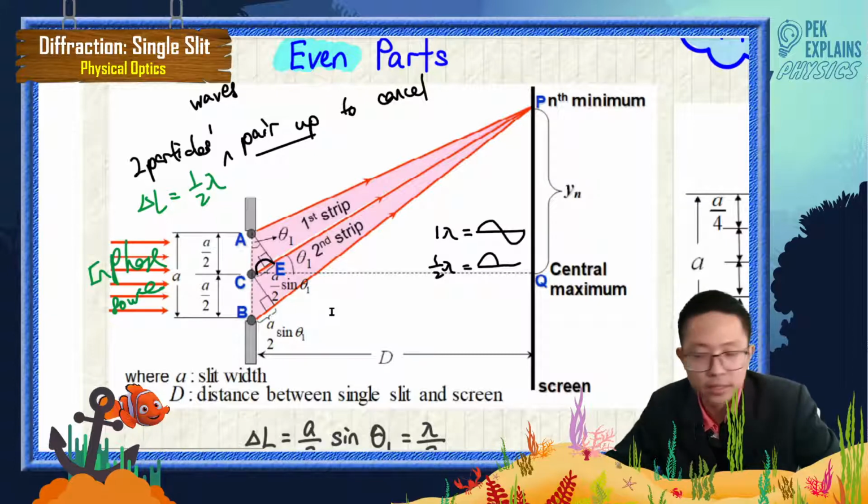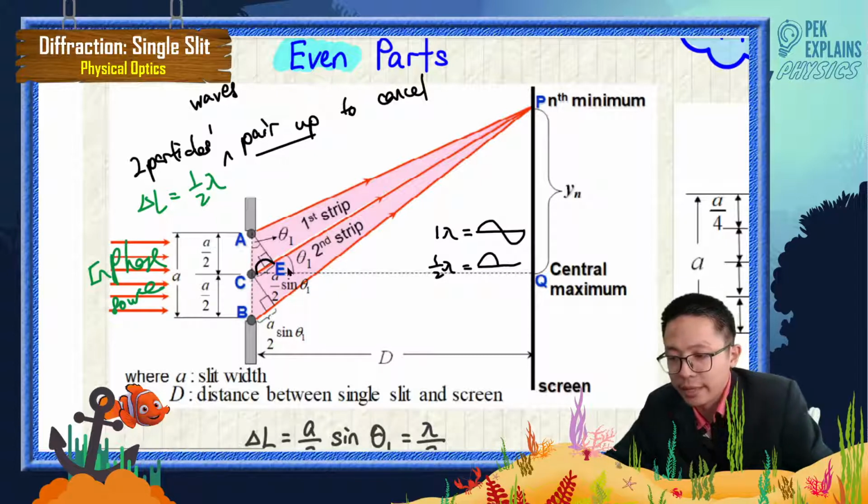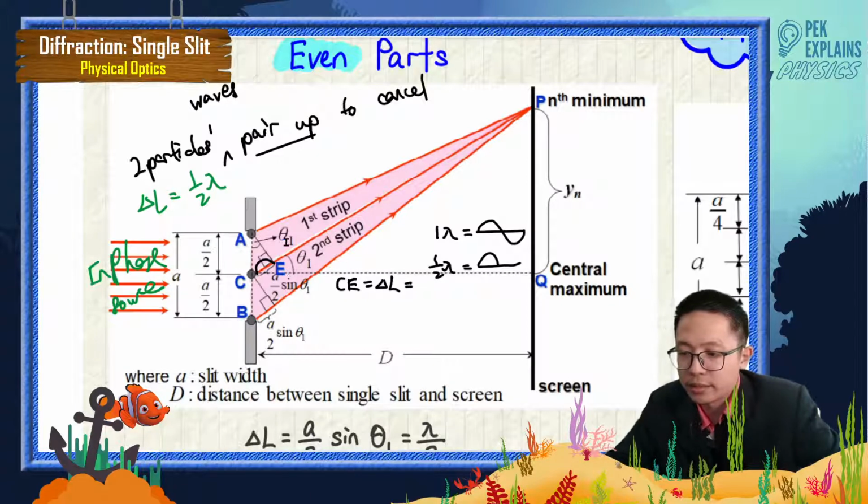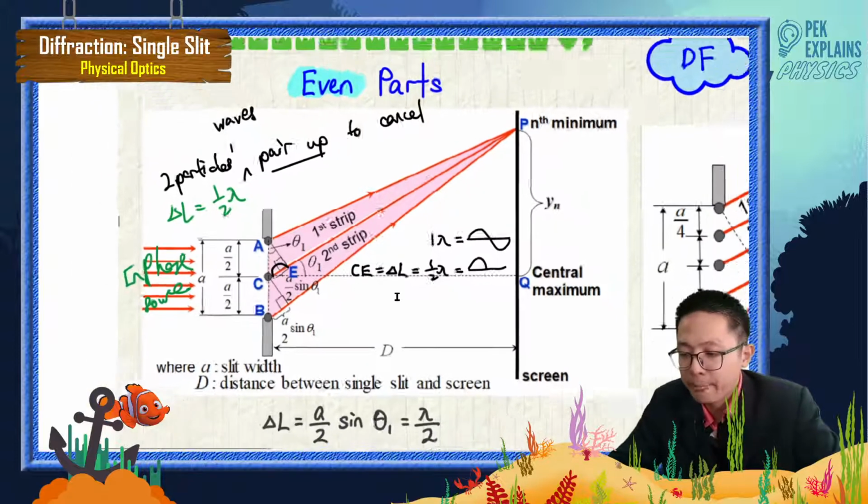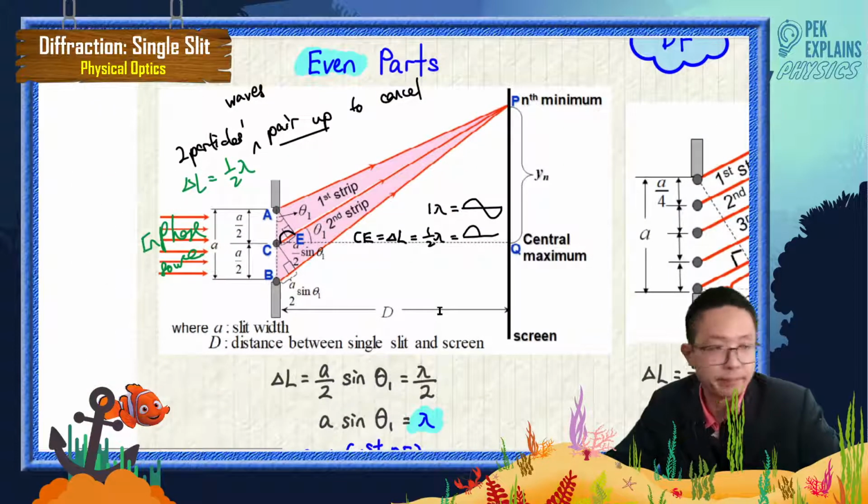CE. You can see the CE is the delta L, which is only half lambda. Okay, so CE is delta L, which is half lambda only. So I can write like that.